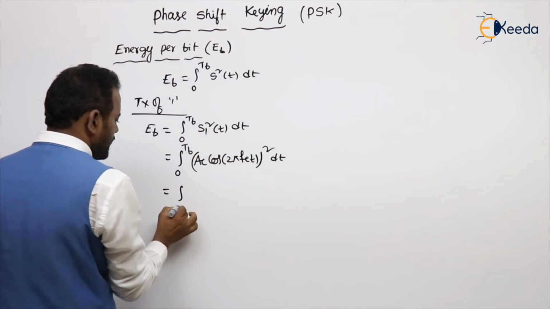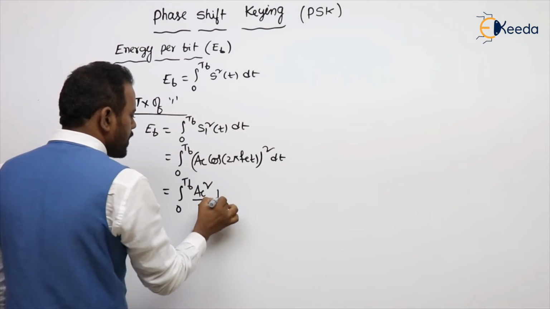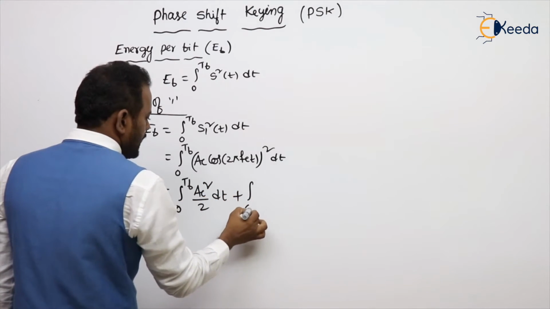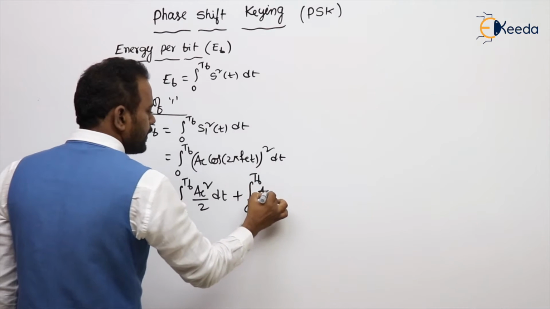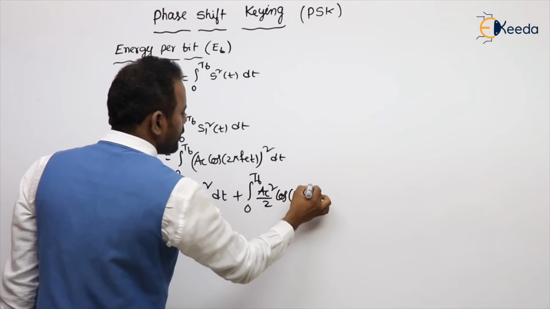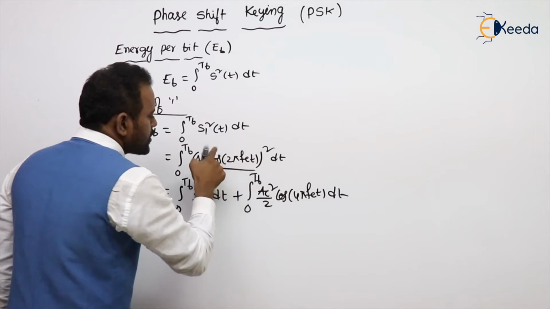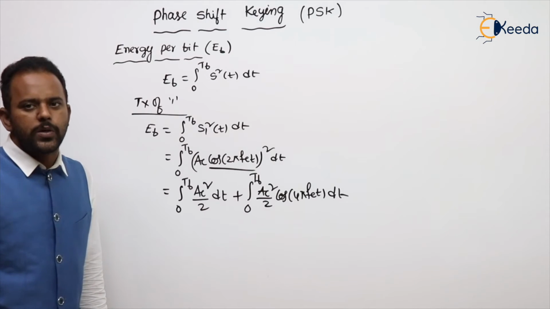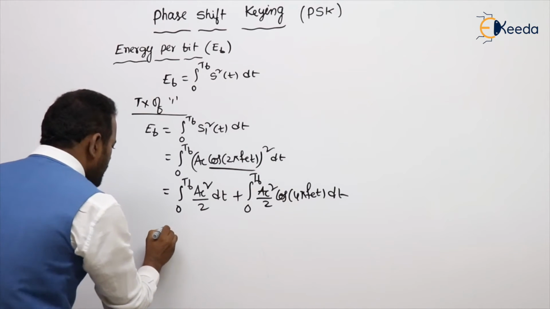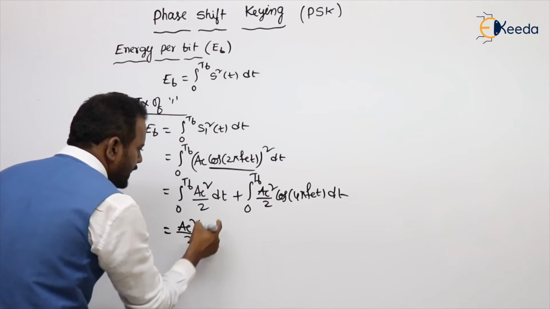This is nothing but integral 0 to Tb Ac squared by 2 dt plus integral 0 to Tb Ac squared by 2 into cos 4π fc t. What I did, sir, I just wrote cos squared as (1 plus cos 2A)/2 form. Then what is this value? Ac squared by 2, integral dt is t.